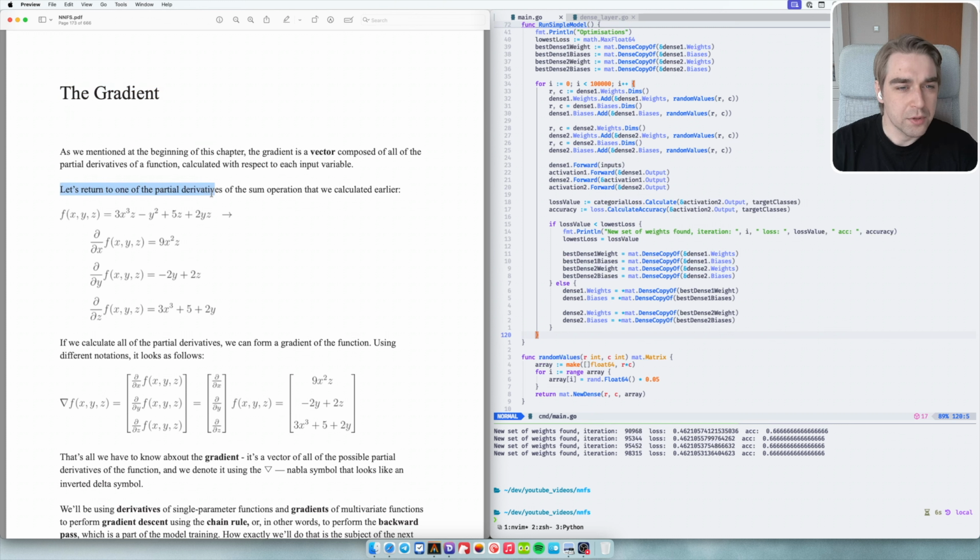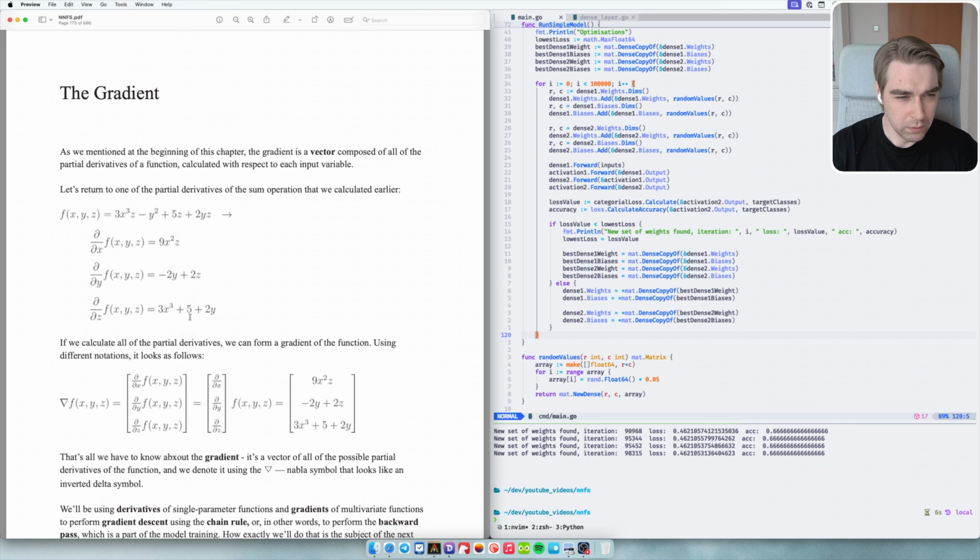Let's return to one of the partial derivatives of the sum operation that we calculated earlier. So we have x, y, and z. We have three inputs, so we should have a vector of length 3 with partial derivatives for x, y, and z. So this is what we have.